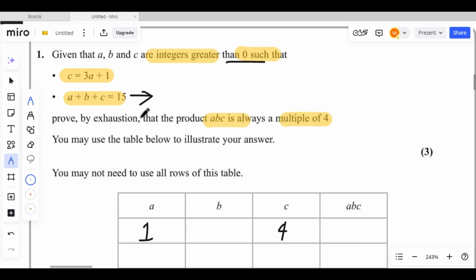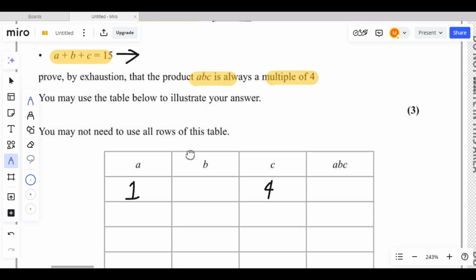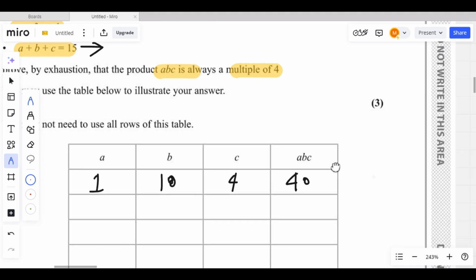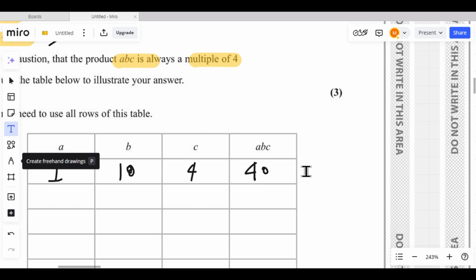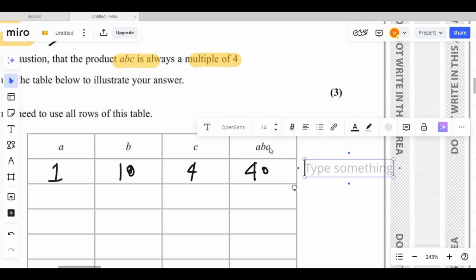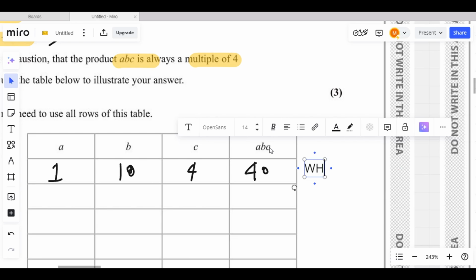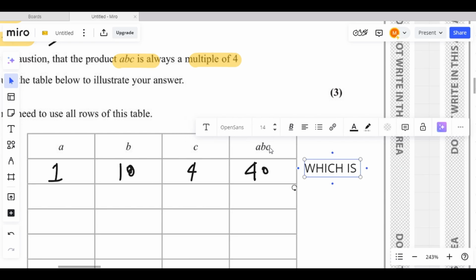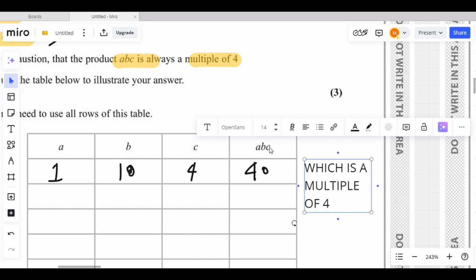What will you get? The value for B would be 15 minus 5, which is 10. So multiply now. ABC is 40. We got the product 40. Which is a multiple of 4. We can write that.